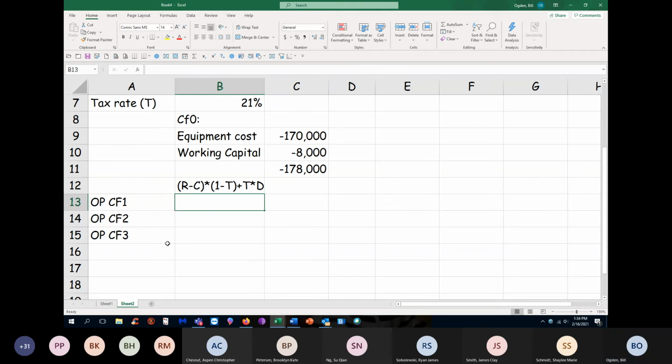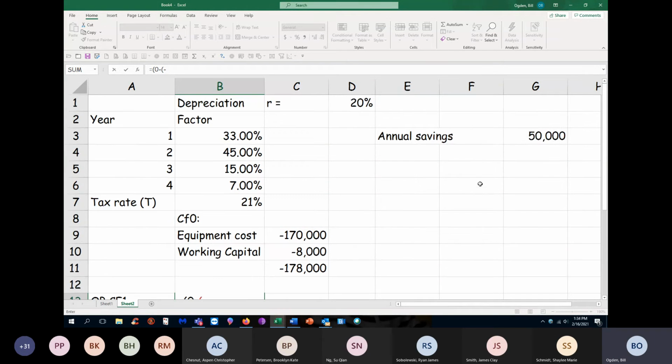So let's do that. First year equals. Now, how many sales do you think a resonating machine brings in? How about none? So there's no change in revenues. Minus costs. How will your costs change? They will decrease by $50,000.